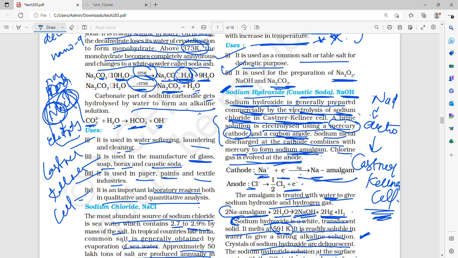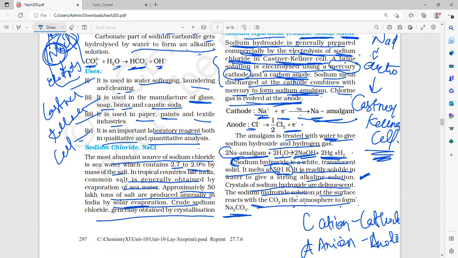Sodium hydroxide or caustic soda is generally prepared commercially by the electrolysis of sodium chloride in the Castner-Kellner cell. You take a brine solution, that is NaCl solution, in a Castner-Kellner cell having a mercury cathode and carbon anode.